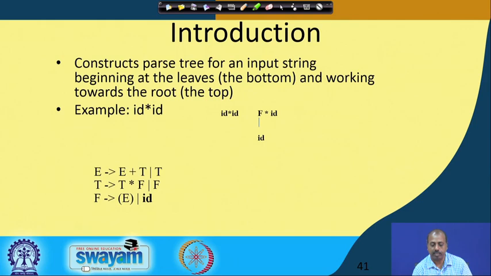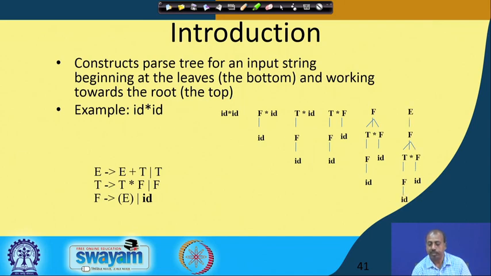So, we get this part, then this F can be replaced by T. Okay. So, we have got T star ID, then this second ID is replaced by F, and then this T star F is replaced by T.